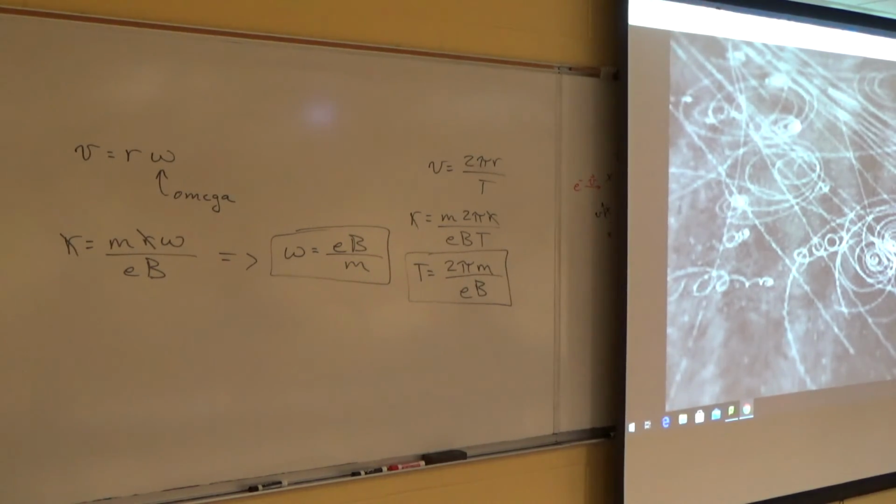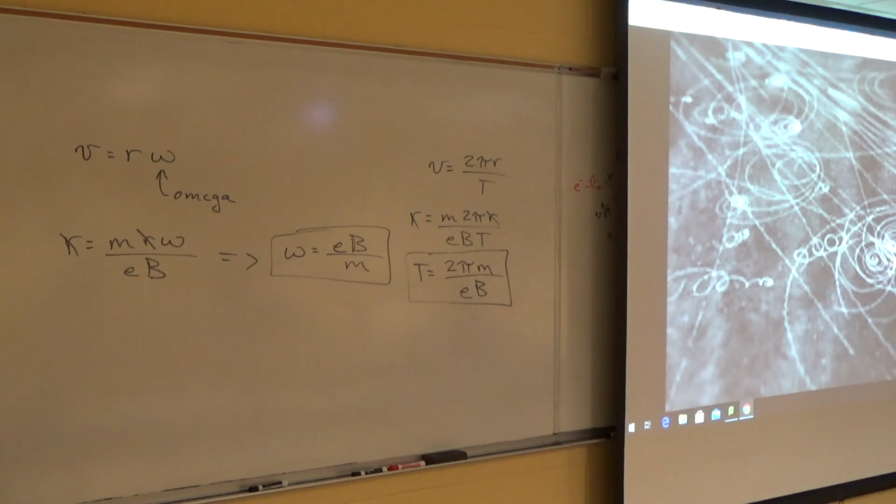Why are there not nice, uniform circles? Why would there be spirals like this? Does the angle change? Yeah, the angle's changing, but also the particle's losing energy. It's moving in the clouds. The little contrived example that I did was in vacuum, where you have no loss of energy.